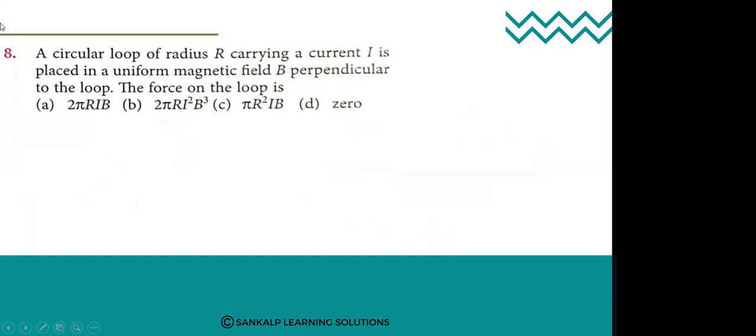What they are saying here is that you have a circular loop whose radius is R, carrying a current of I, and it is placed in the magnetic field of B, which is perpendicular to the loop. The magnetic field and the circular loop are perpendicular to each other. So what happens to the force, they are asking? You need to calculate the value of the force.